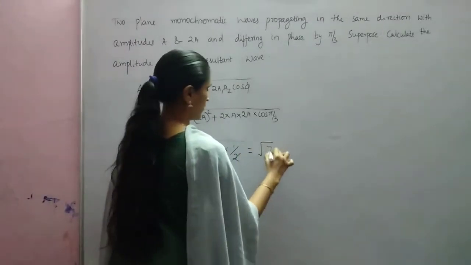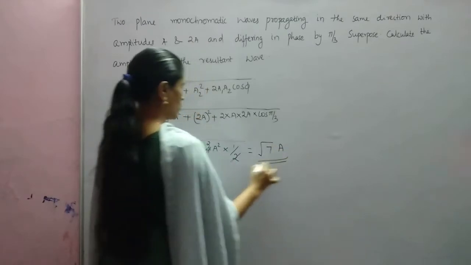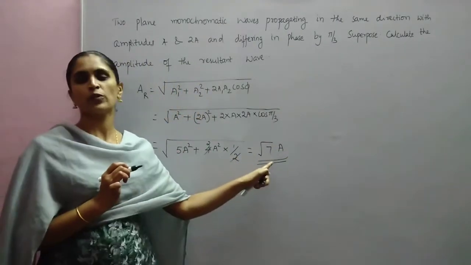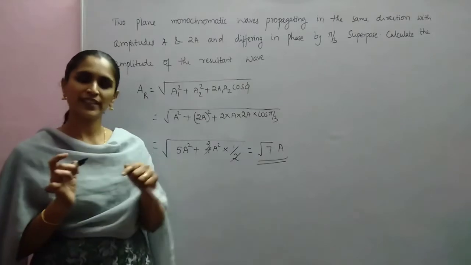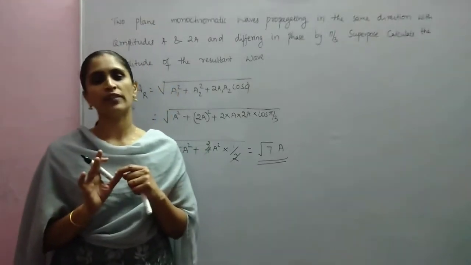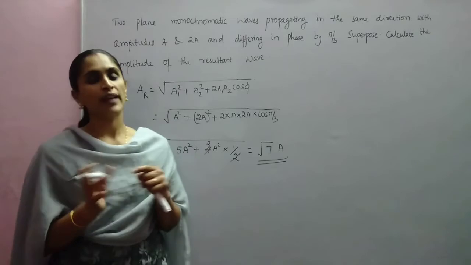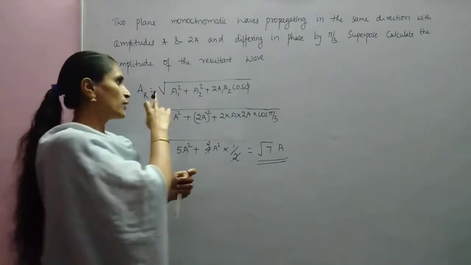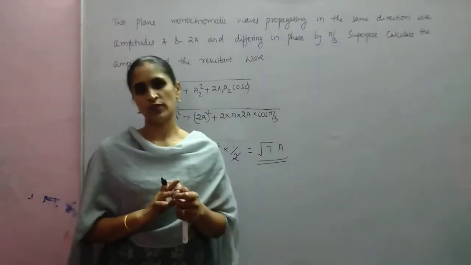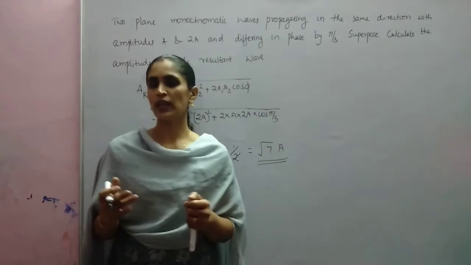Root 7 into A. Root of 7A square, so the resultant amplitude is given by root 7 into A. So if intensity is given, you have to use the formula I1 plus I2 plus 2 root I1 I2 cos phi, and if amplitude is given, you have to find root of A1 square plus A2 square plus 2 A1 A2 cos phi. Okay, we'll proceed to the next problem.